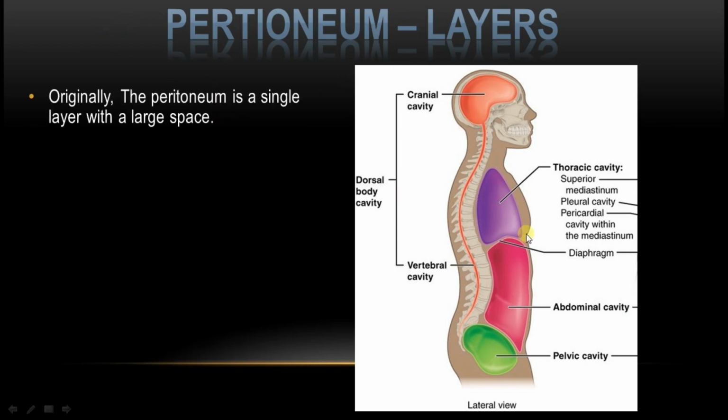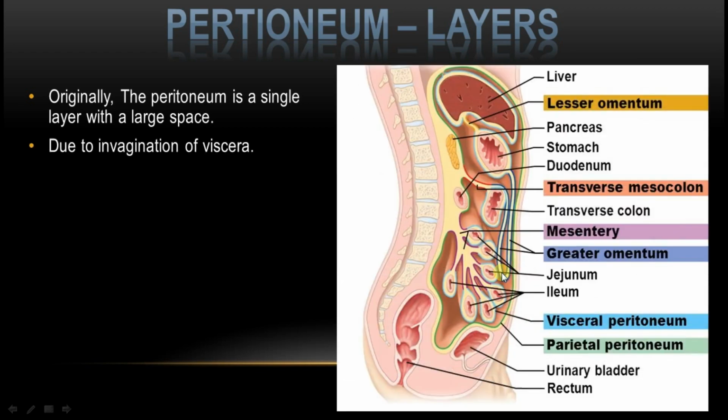So basically, we have seen it is a single large space, and the viscera usually project from behind. They invade, enter or push the posterior layer, and this layer will approximate. This layer will surround the viscera, forming the visceral peritoneum due to invagination of the viscera.